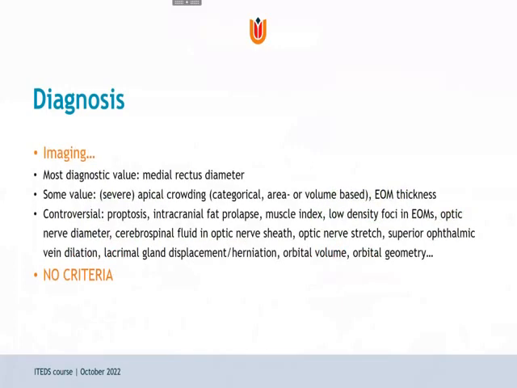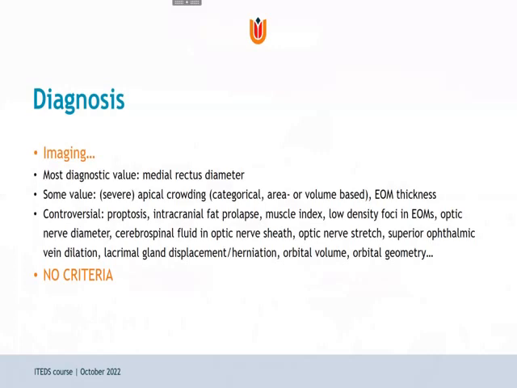So many factors have been studied in the past. I think the factor with the most diagnostic value is the medial rectus diameter. It has been shown to be an independent significant predictor of DON in multivariable models. Some value probably also goes to severe apical crowding, whether it be categorically scored, or area or volume based.